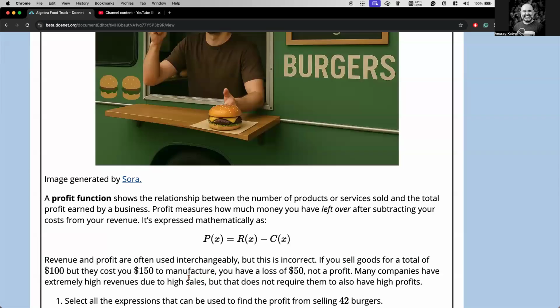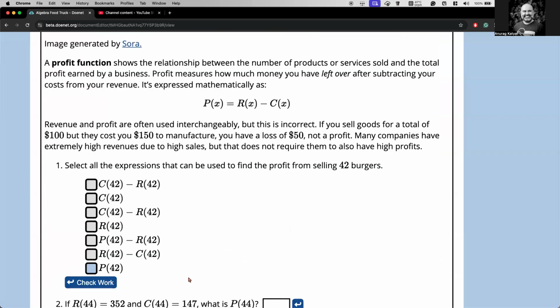Okay, now we make some money. If I manufacture an iPhone for $500 and I sell it for 800, am I making profit? How much? $300. How'd you come up with that number? We could do that.